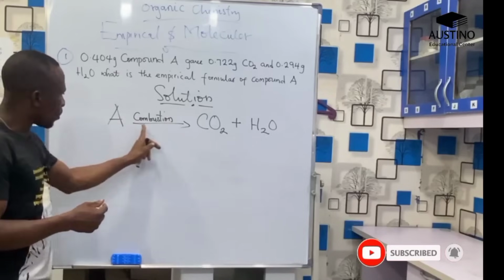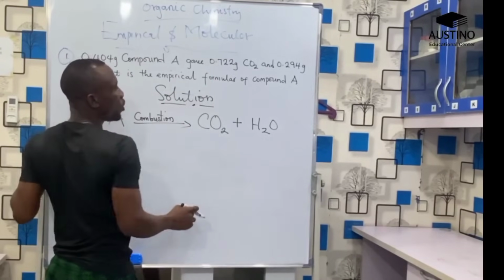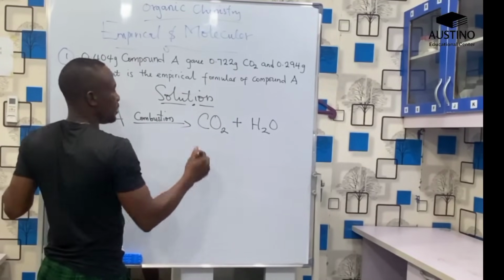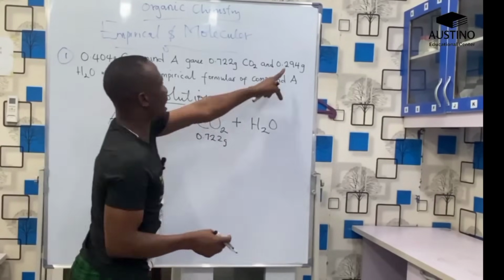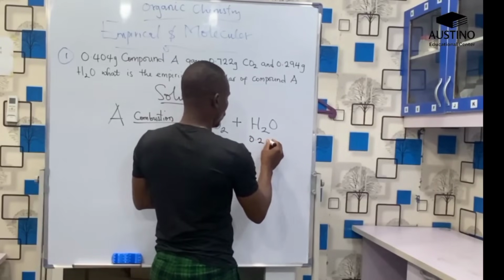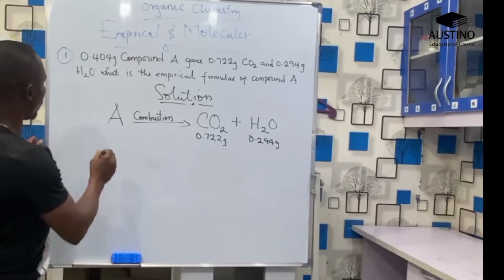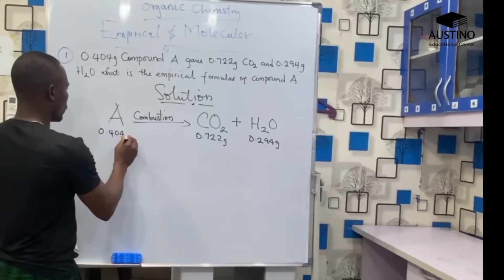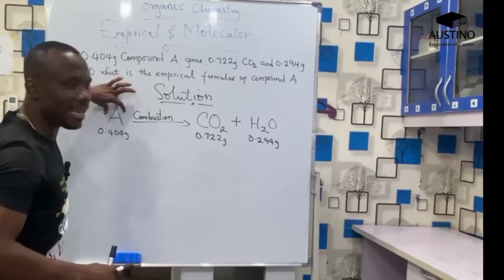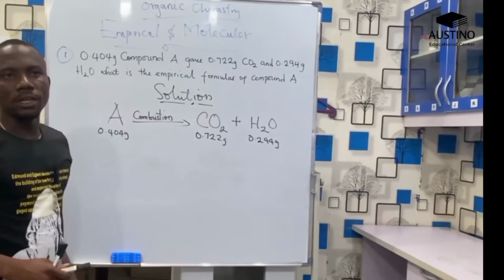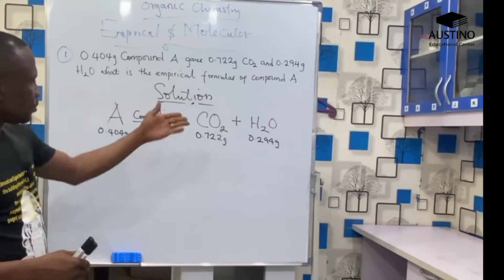Now A undergoing combustion gives CO2, and from the question we are given that the CO2 by weight is 0.722 grams, and the water by weight is 0.294 grams, and the unknown compound that went through the combustion was 0.404 grams. This is a simple equation, and we are asked to find the actual compound that went through the combustion, which is the empirical formula of the compound that undergoes this combustion to give us CO2 and water.